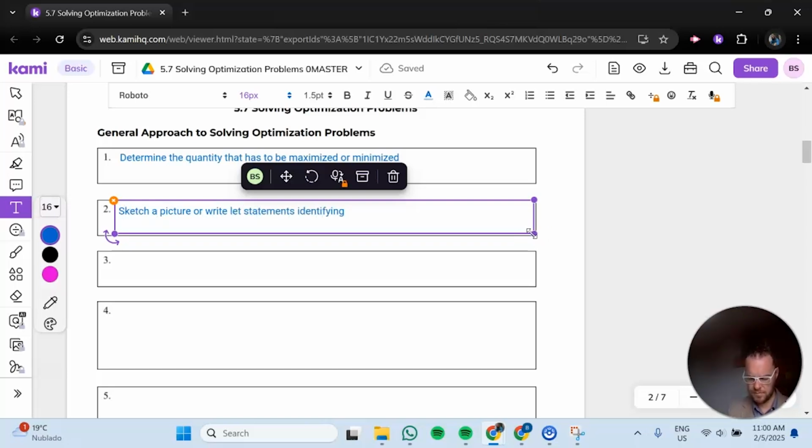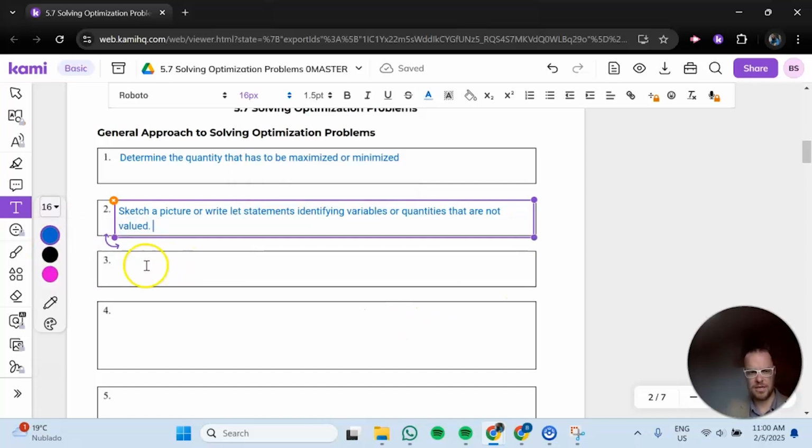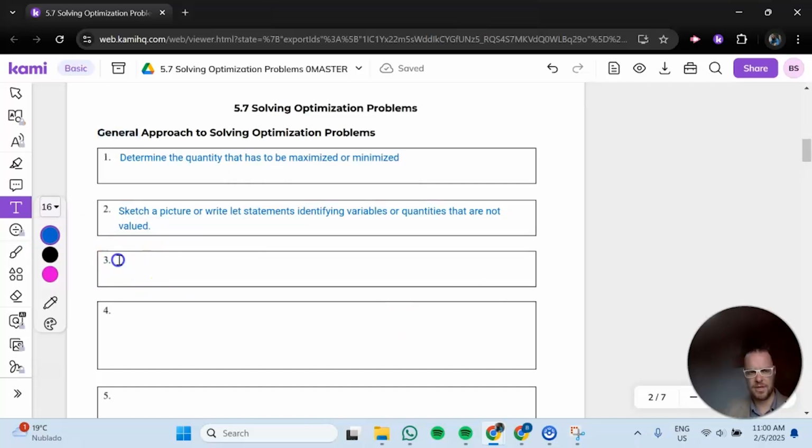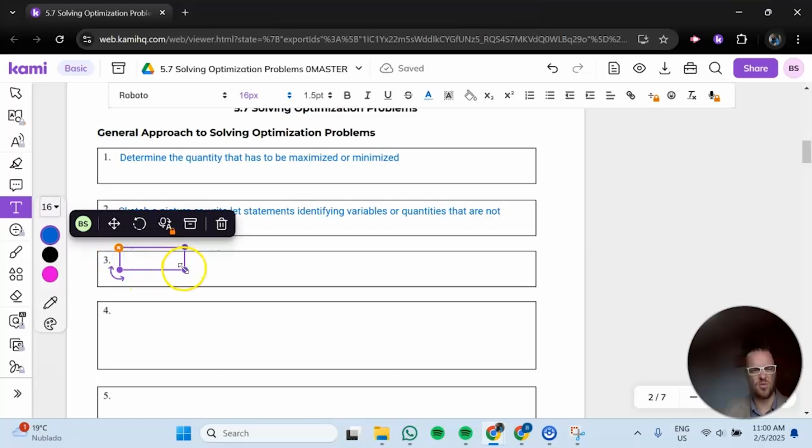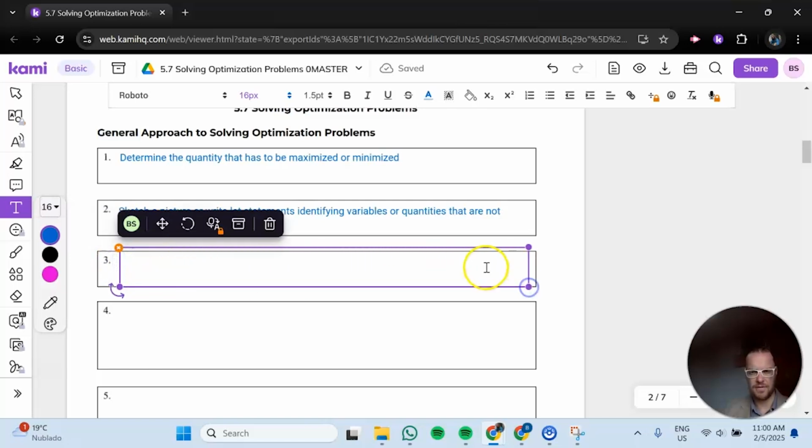identifying variables or quantities that are not valued. So the things that we don't actually need, like they either don't have a value in them, or the things that we're going to need to get rid of, in a sense. We're going to have to use a formula or an equation to get rid of one.